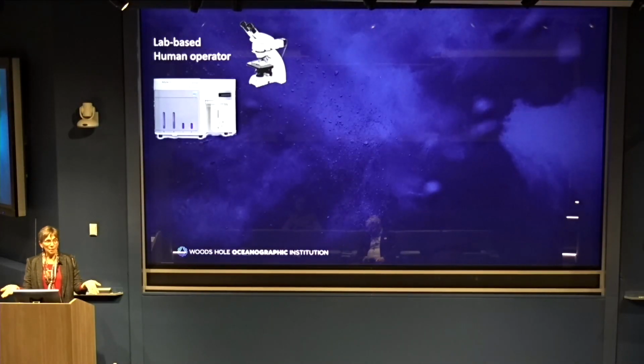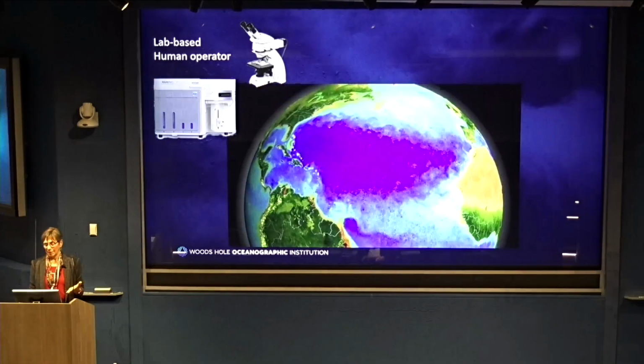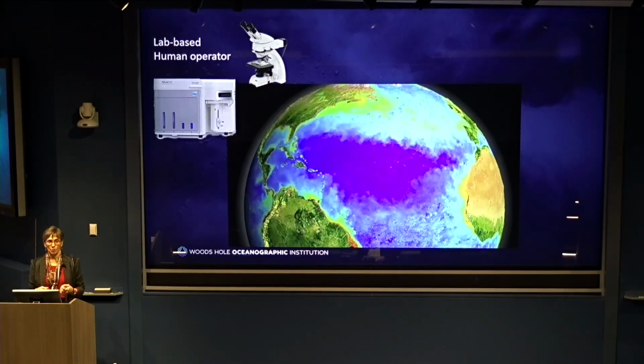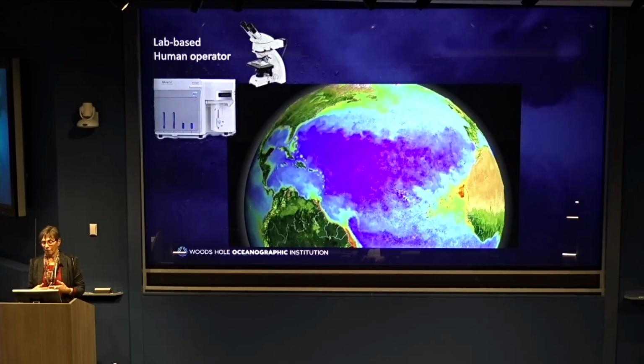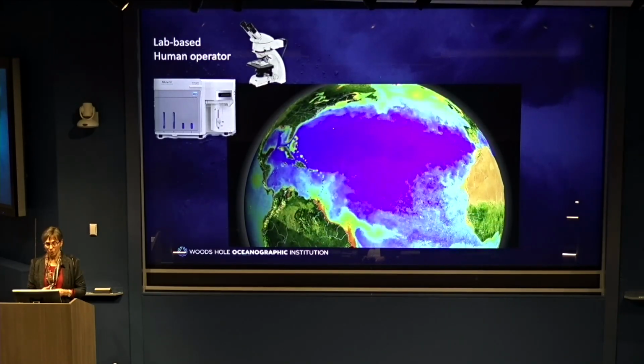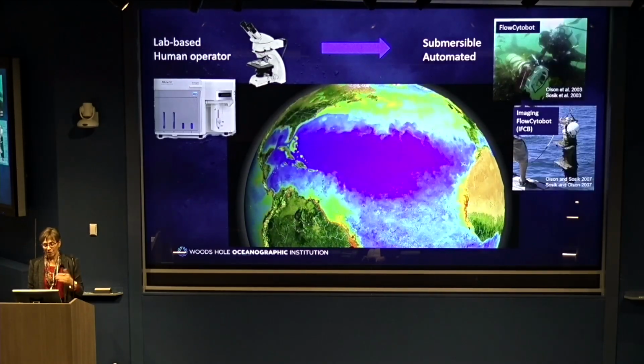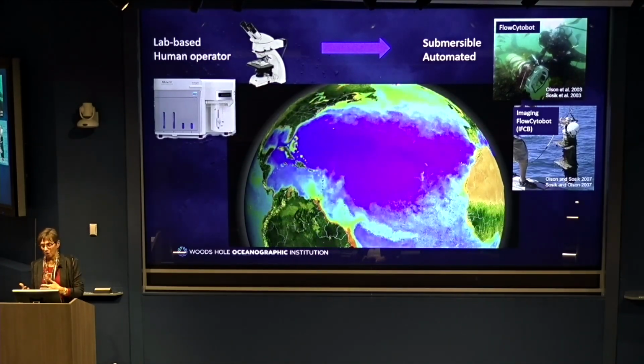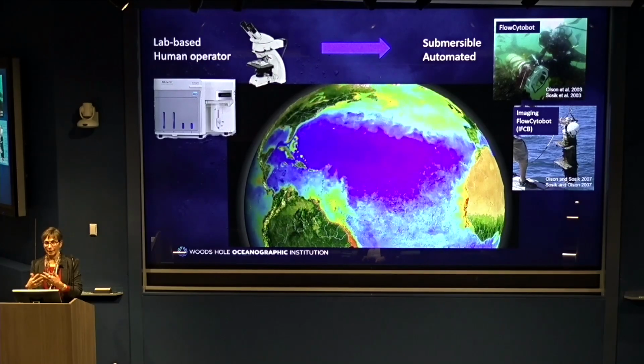Okay, so you may know that in environmental microbiology, flow cytometry and microscopy are very important, widespread techniques. They've been used for a long time. But in their labor-intensive and lab-based mode, we really struggle with chronic undersampling of the huge and really dynamic ocean I've been talking about. So the innovation here is that we've translated these approaches we're familiar with in the lab into modes that work automatically underwater.